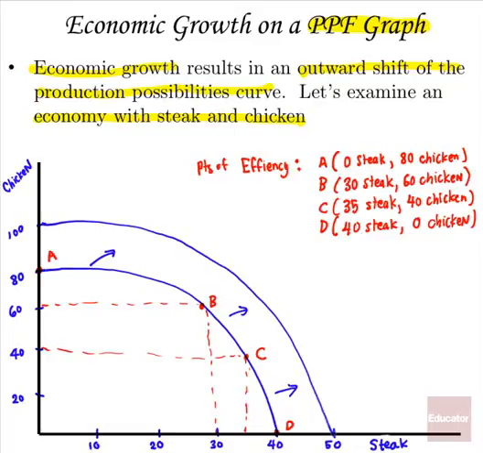So now you have points that are on the new production possibilities frontier. You can make both more steak and more chicken here. Let's call this A dash right here, B dash, C dash and D dash. So an outward shift of the production possibilities frontier means that you are capable of making more chicken and steak.